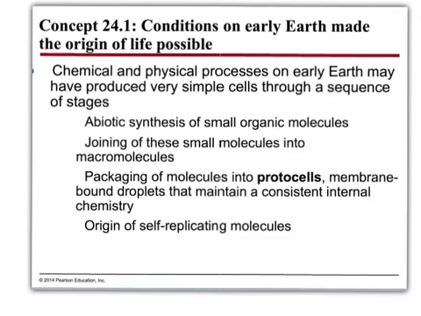So the prefix A refers to without or against. All right. What does the root word bio mean? Living. All right. So it's abiotic, non-living synthesis of small organic molecules.